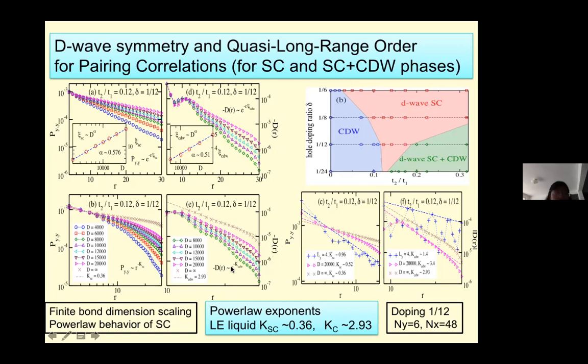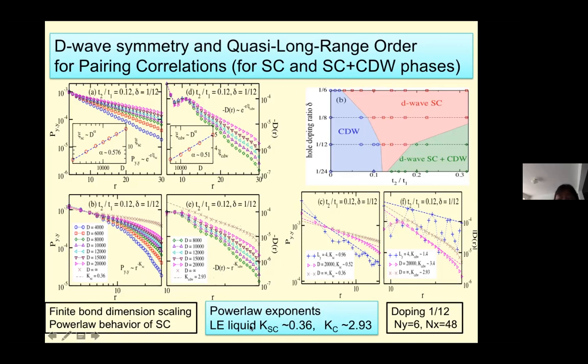We did the same fitting for the density correlations. It shows power law behavior as well, and this power law has an exponent K_CDW around 3. So it indicates a correlation between those two exponents.